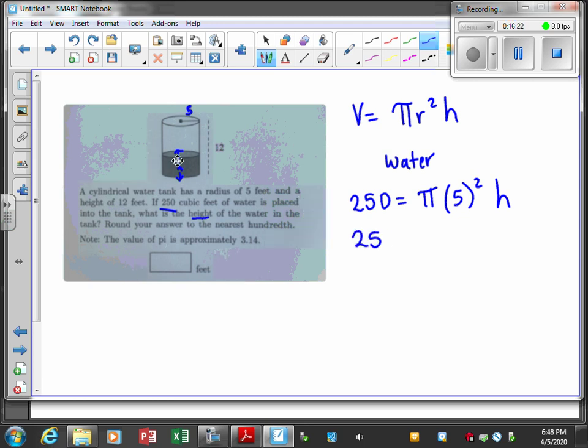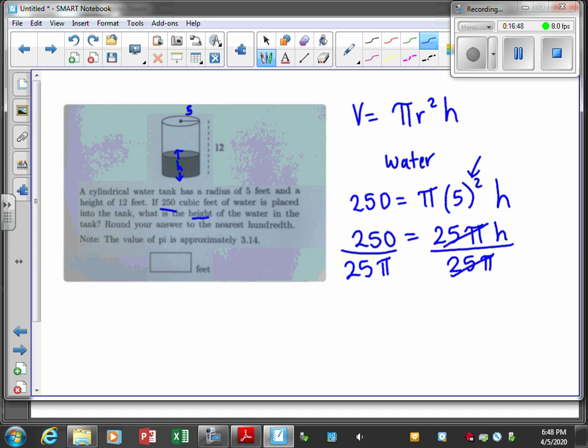So we're just going to have 250 is equal to 5 squared is 25, so I'm going to say 25 pi h. If I want to get h by itself right here, and it's multiplied by 25 pi, remember pi is just a number, then divide both sides by 25 pi. Whatever you do to one side, do to the other.